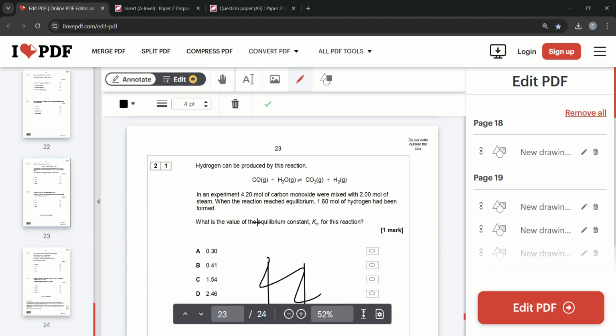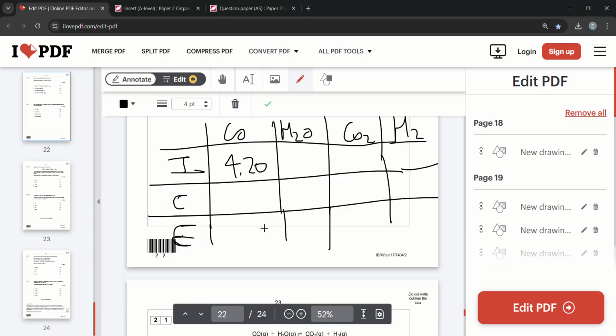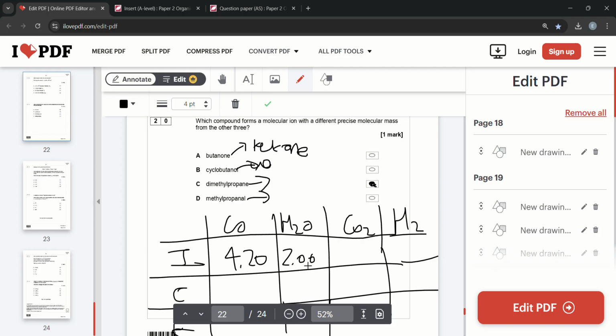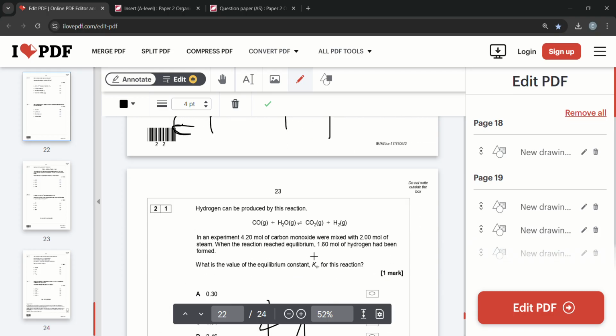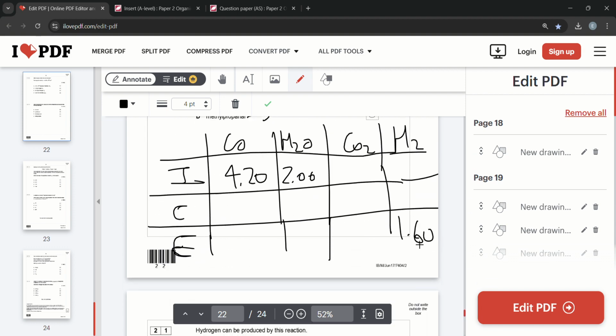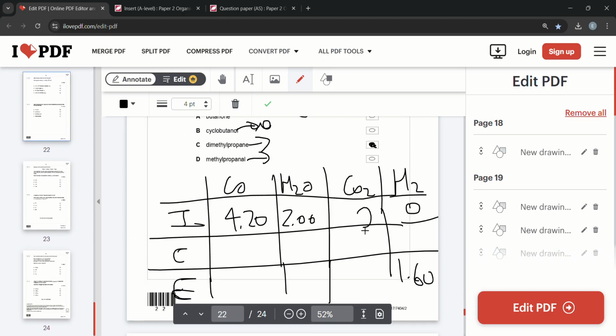And I'm told that 4.21 moles of carbon monoxide will mix with 2 moles of steam. And that's initial moles. When the reaction reached equilibrium, 1.60 moles of hydrogen had been formed. So we've gone from 0, 0 initially to plus 1.60.